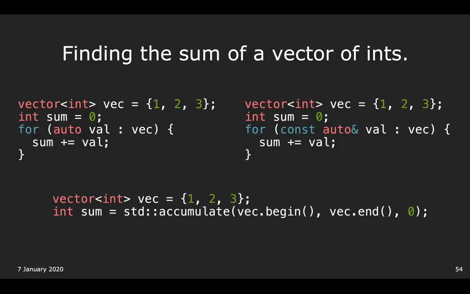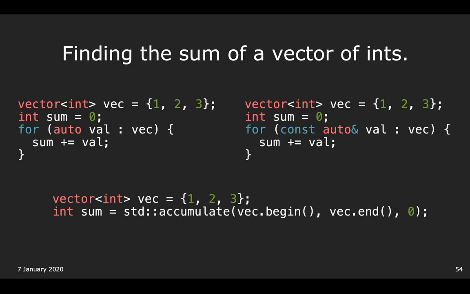Another example of expressing intent is here are 3 different ways you can find the sum of a vector. If you look at the first one, you're doing a for each loop over a vector, adding up the sum. The first one makes sense, going through the vector, adding everything up.